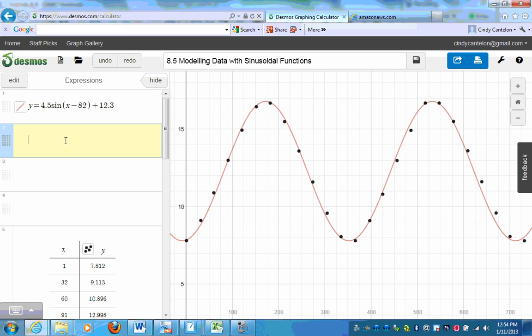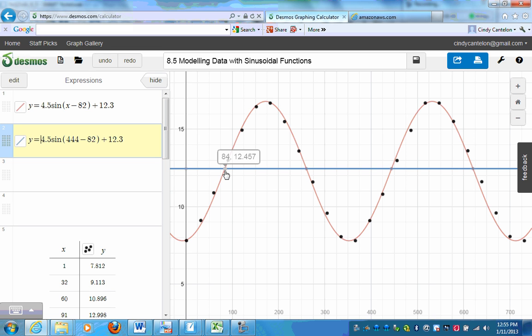So I could actually do the math and sub in 4.5 sine 444 minus 82 plus 12.3. I want to have the right brackets. So I could actually sub in that value, and I would see that that value was about 12.4 hours of daylight.